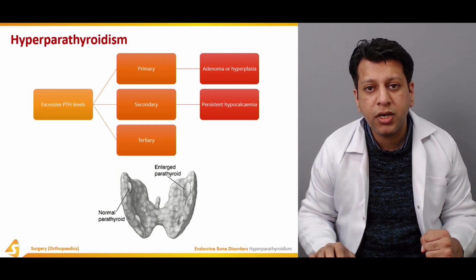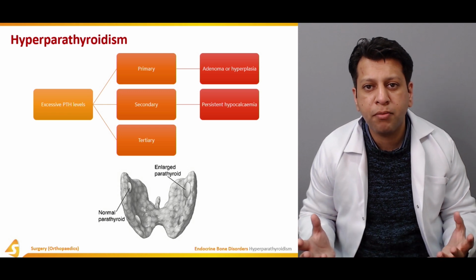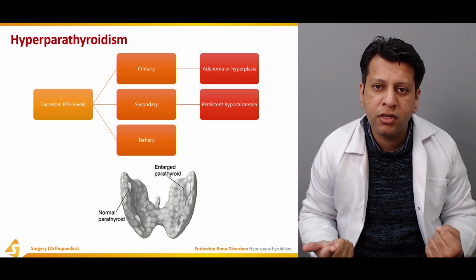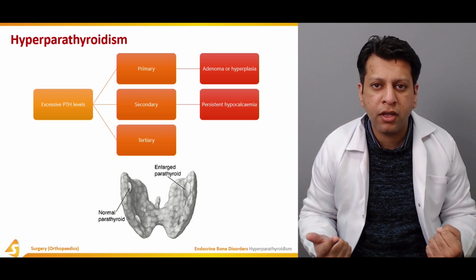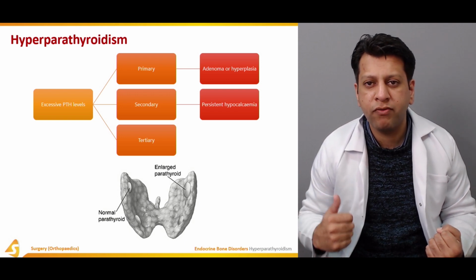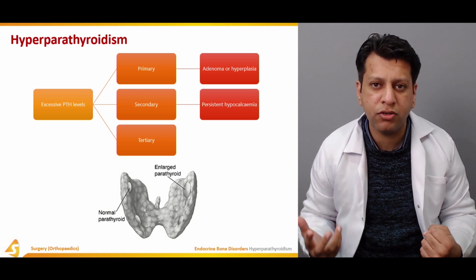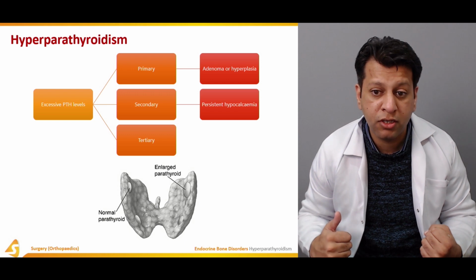Tertiary is what actually happens once the secondary cause has been removed. For example, the patient was having hyperparathyroidism due to, for example, a non-functioning kidney. He or she has undergone a transplant, and now can have normal kidney function.